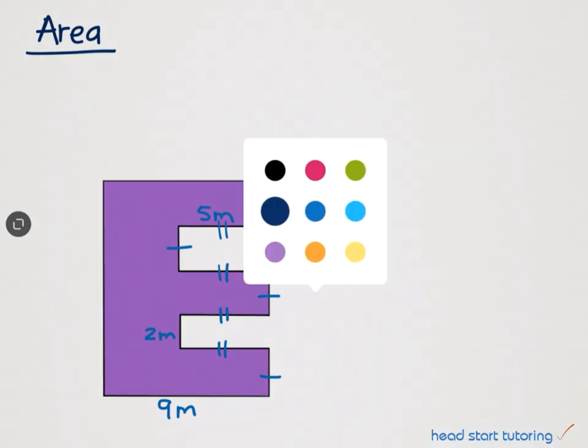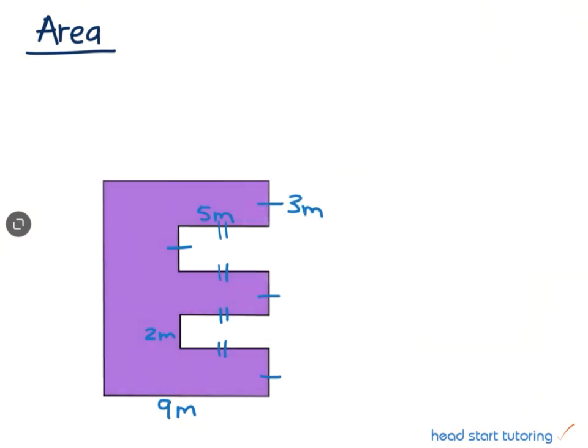So as you can see, we will be making rectangles when we divide this E shape up. We can create a rectangle there, and there, and there. So now we're working with 1, 2, 3, 4 rectangles, and that makes up our irregular shape.